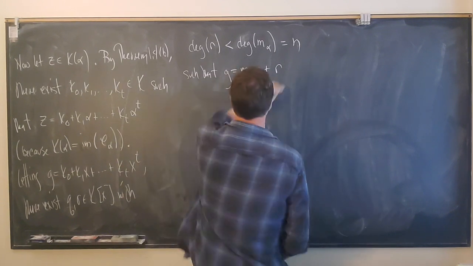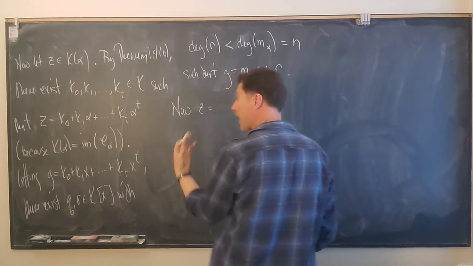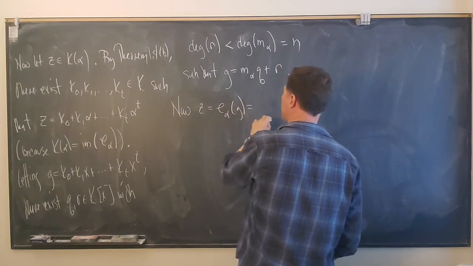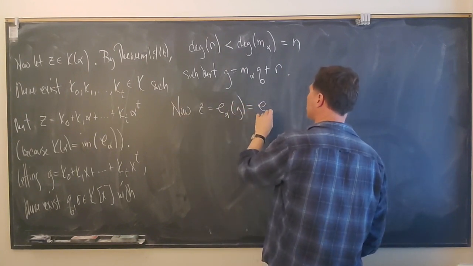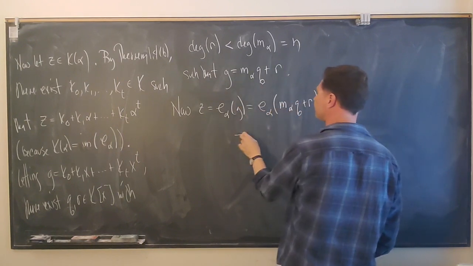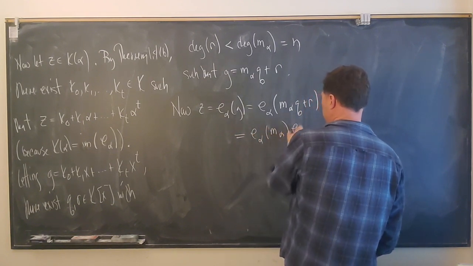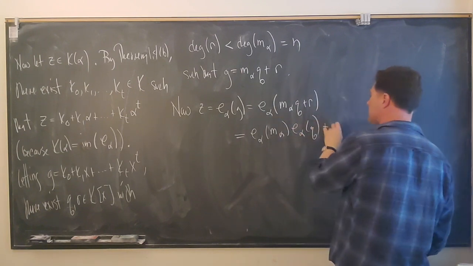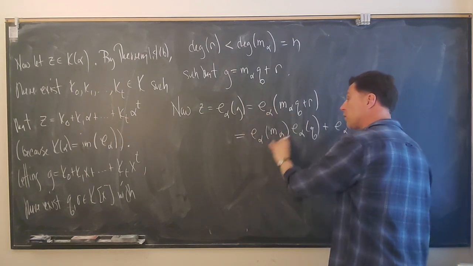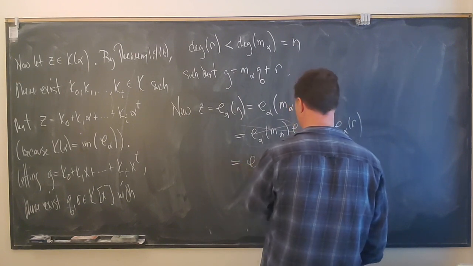So z is equal to the evaluation of g at alpha, so e sub alpha of g, which equals e sub alpha of m alpha q plus r, which equals e sub alpha of m alpha times e sub alpha of q plus e sub alpha of r, just using the fact that we've got a homomorphism. We know that this first part is equal to 0, so that's equal to e sub alpha of r.